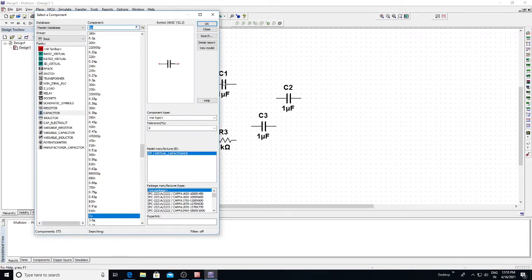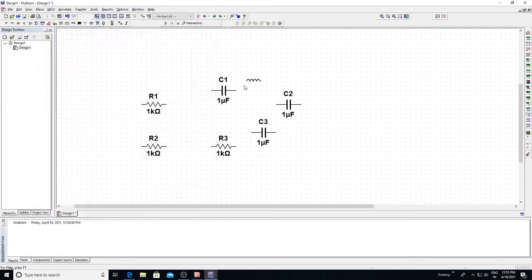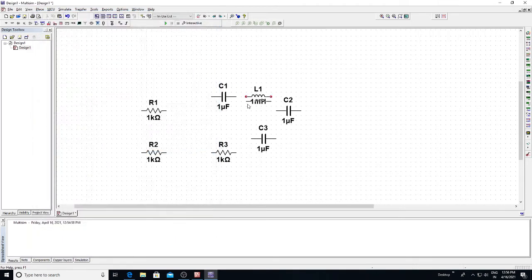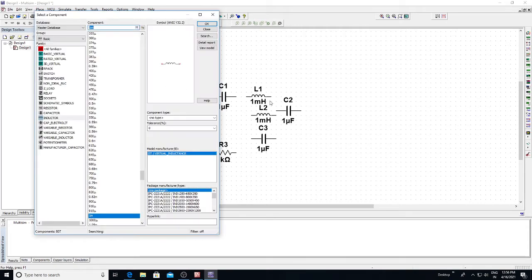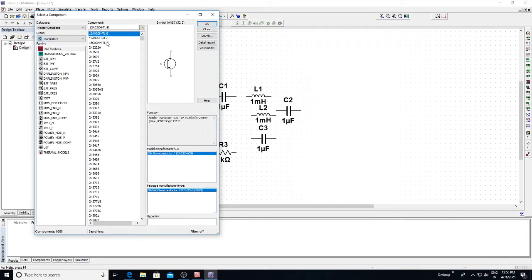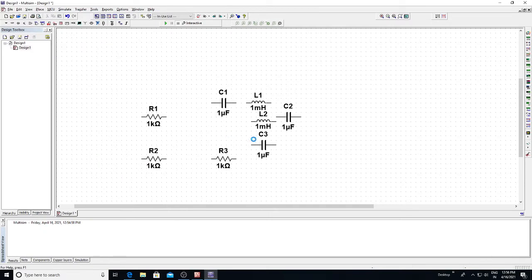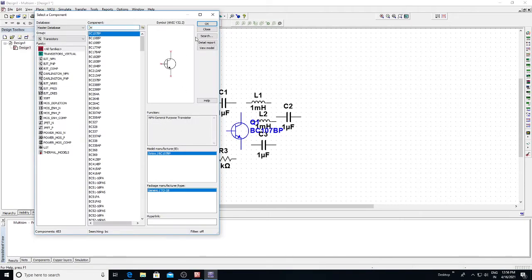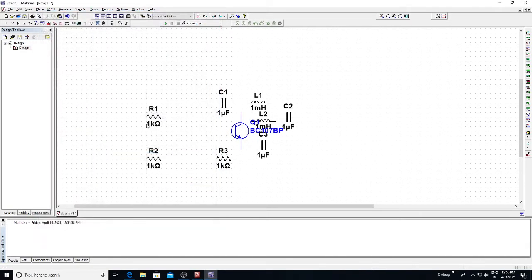We have inductors of 5 millihenry. Go for the inductor. Go for another inductor. And we have a transistor, BC107 BJT. Place the transistor, and now connect all the transistors, capacitors and resistors.